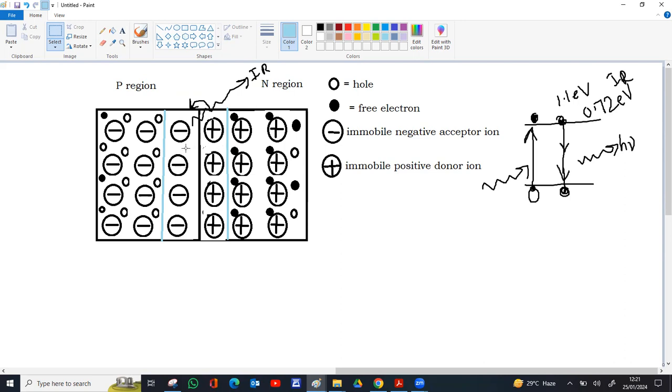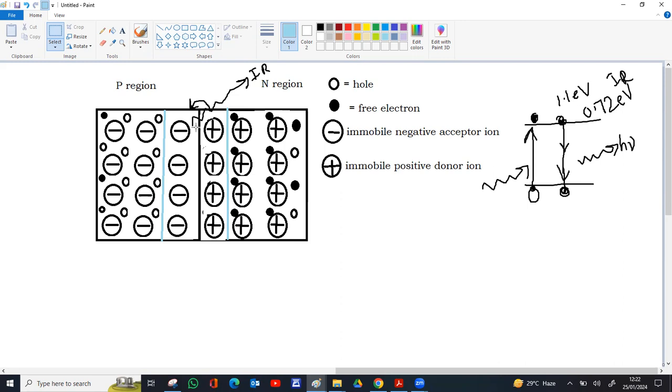Now when you start explaining drift, the recombination leaves a layer of positive ions on the N region and negative ions on the P region. This creates an electric field called the junction field, directed from the N region to the P region, positive to negative. This negative layer can attract holes from the N region to the P region, and this positive layer can attract electrons from the P region to the N region.